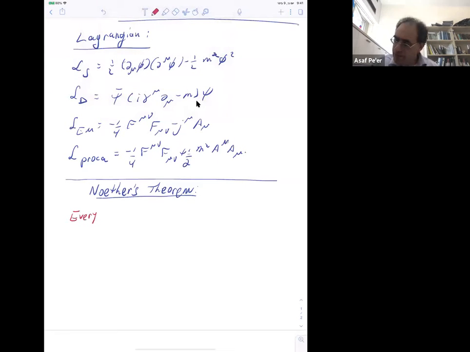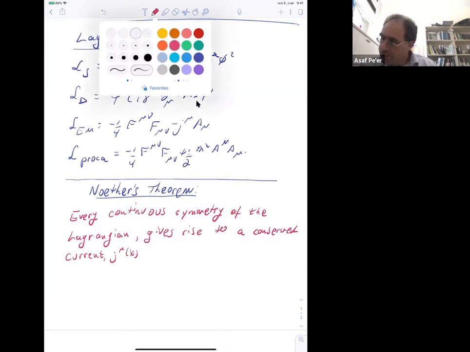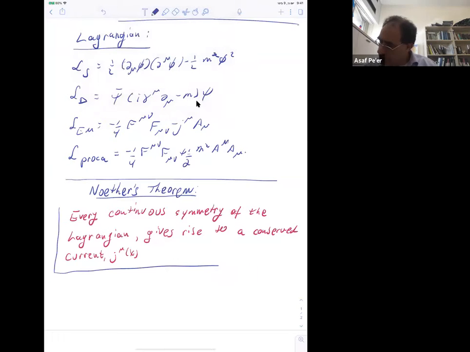Every continuous symmetry of the Lagrangian gives rise to a conserved current J mu, which is one of the most beautiful things we have in physics.